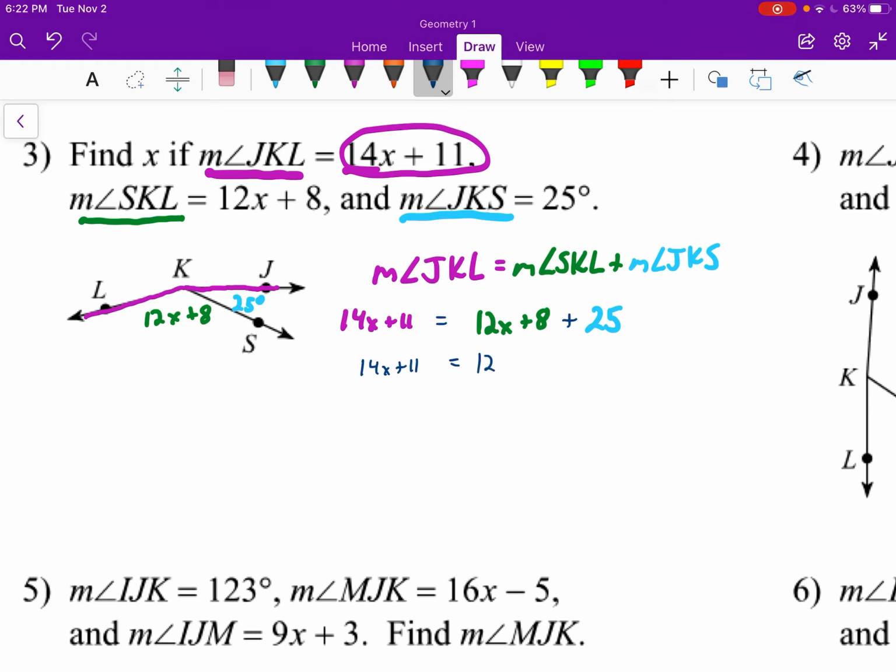On the right side, we can add like terms. 8 plus 25 is 33. Now we'll go ahead and solve. We will subtract 12x from both sides. At the same time, we'll go ahead and subtract 11 from both sides. And we get 2x is equal to 22. Dividing both sides by 2, x is equal to 11.